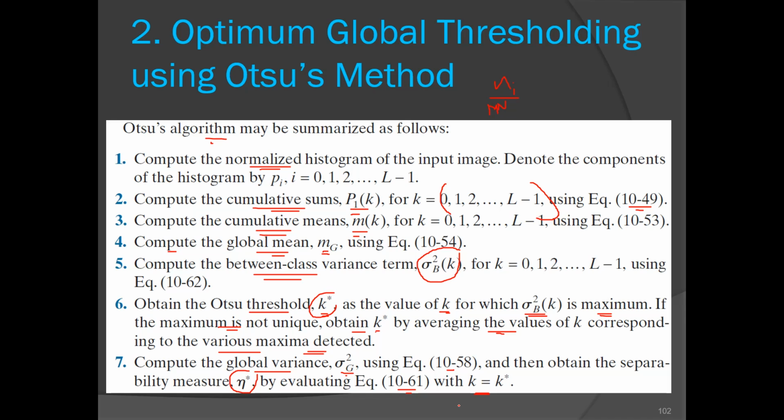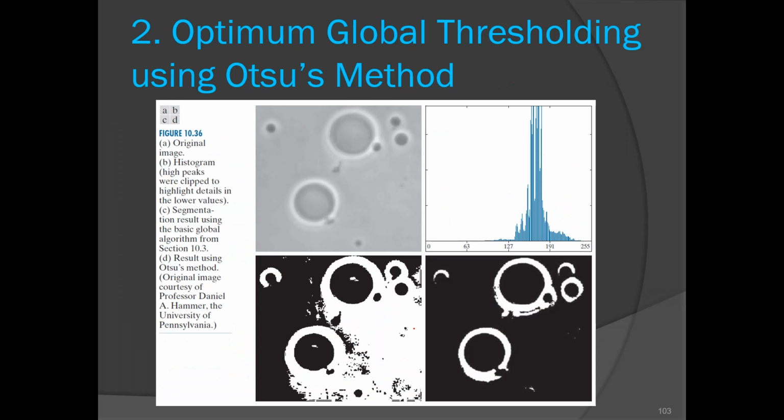So this is how the Otsu method works. We find the between class variance and select the threshold value having the highest between class variance.